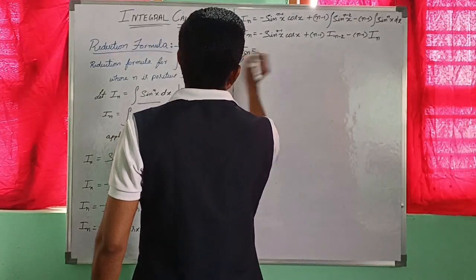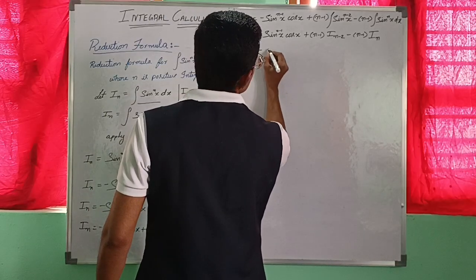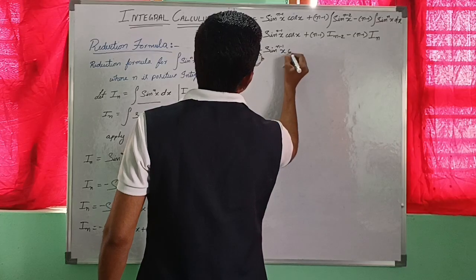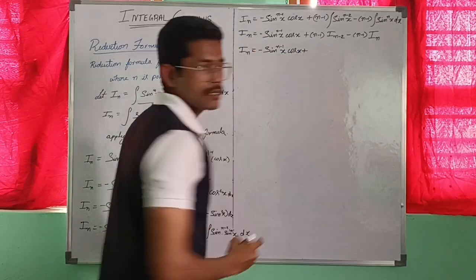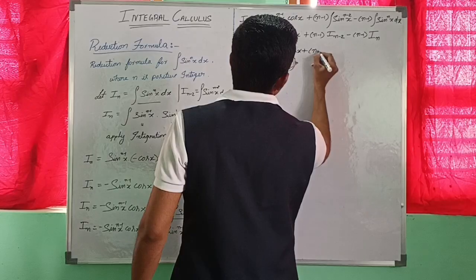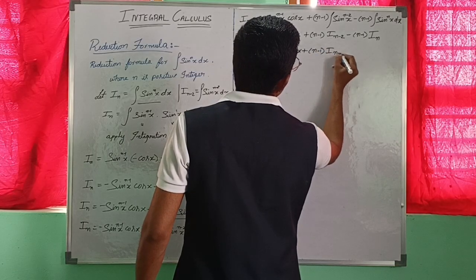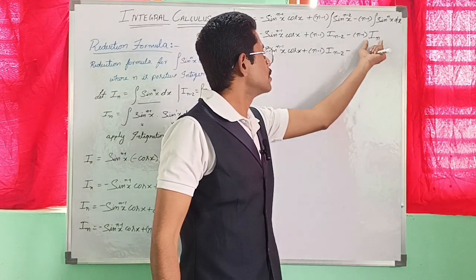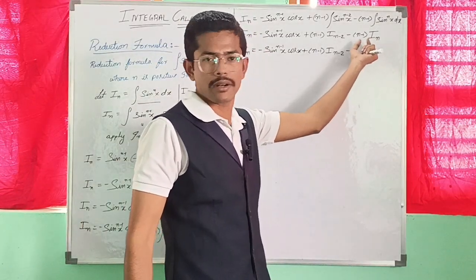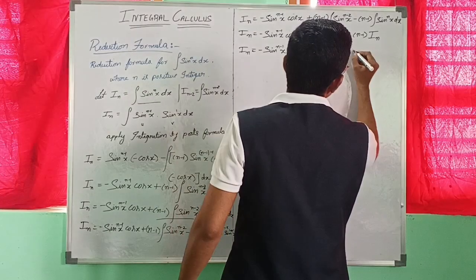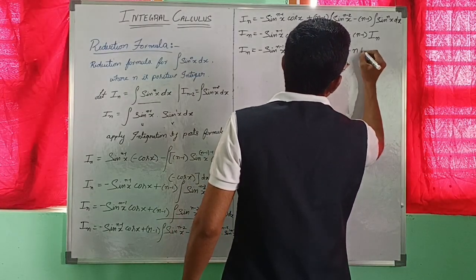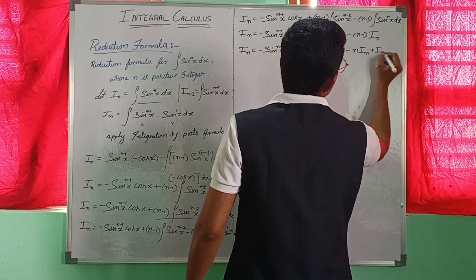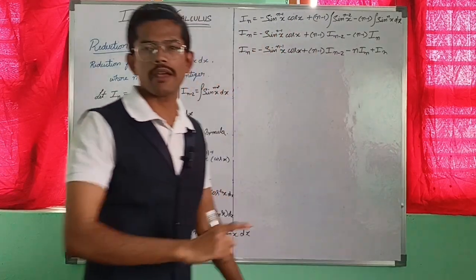Then In is equal to minus sine n minus 1 x cos x plus n minus 1 I n minus 2 minus, here we can multiply this In by n minus 1. Minus into minus will become plus In, and 1 into In is In.